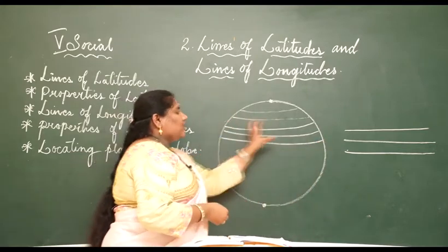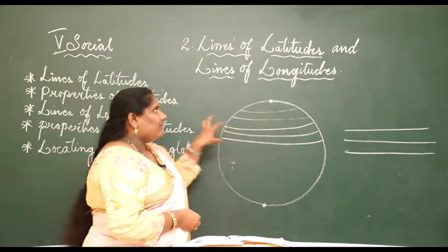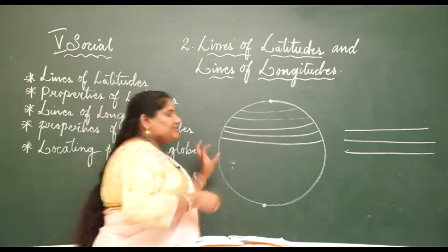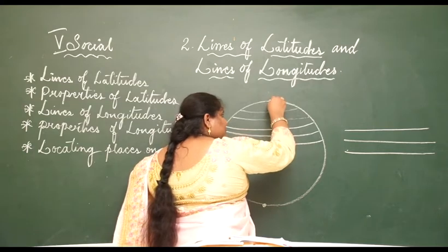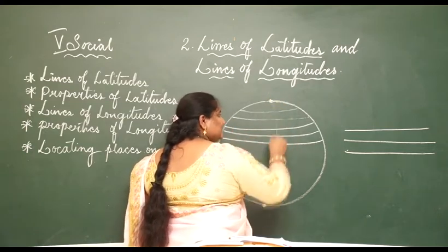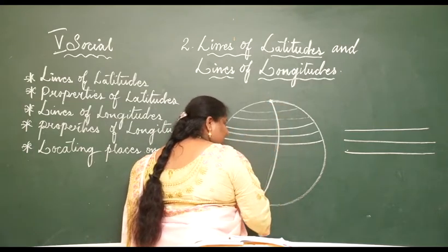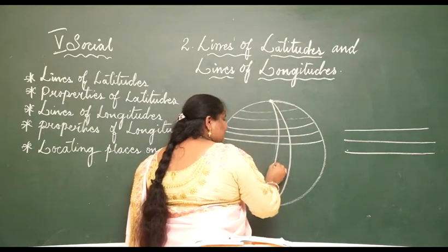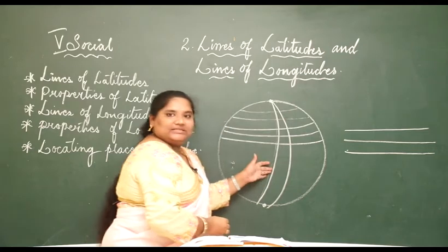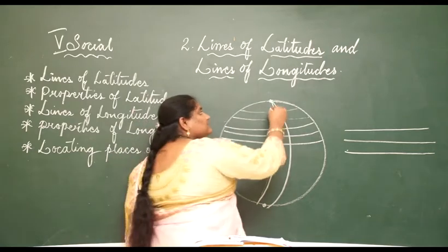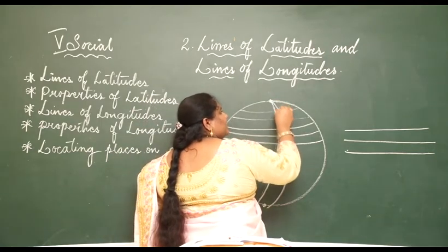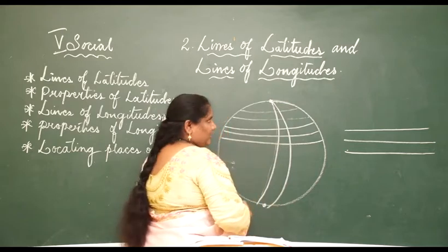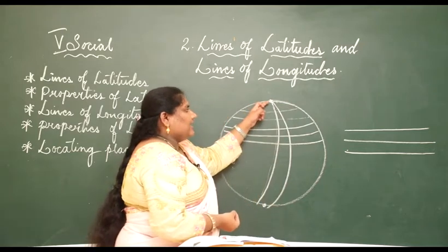Okay, these lines are called lines of latitude, and the straight lines, which are standing lines, which are semicircles, are called lines of longitude. These are wider at the equator and come closer when they come to the end point. So here we see the end points.